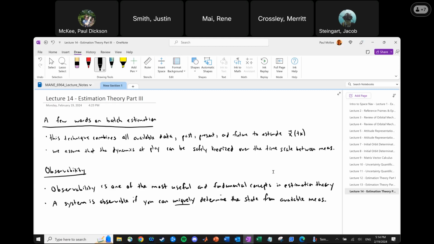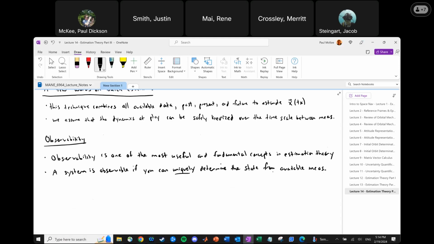And so observability depends on how you set up the problem. So it depends on measurement geometry, problem formulation, assumptions, and choice of states.